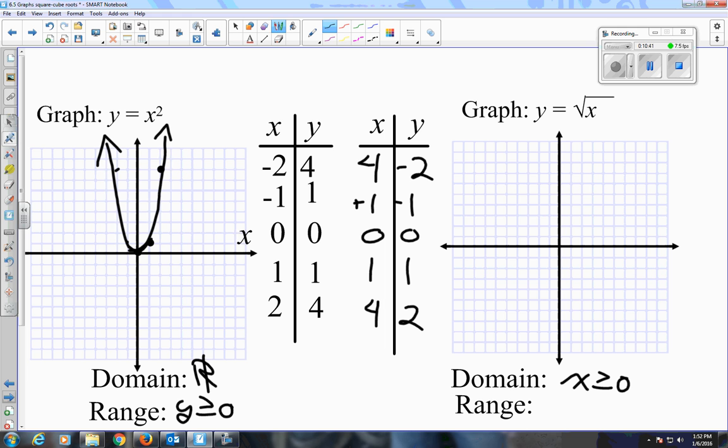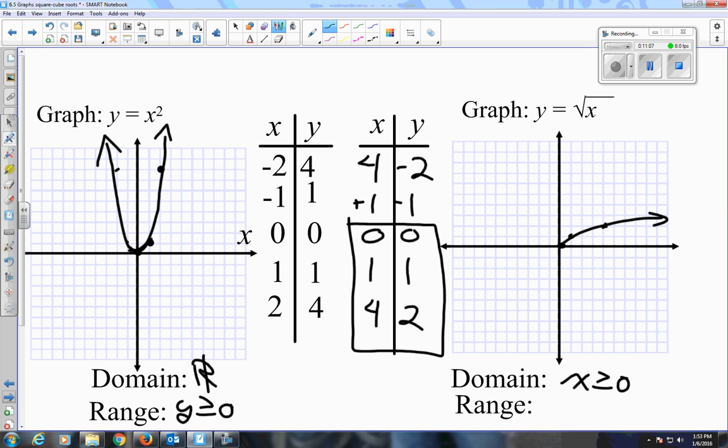You'll notice y equals, this is the positive square root of x. There's no plus or minus out front here. So this is really only half of the parabola. This is going to be 0, 0, 1, 1, 4, 2.